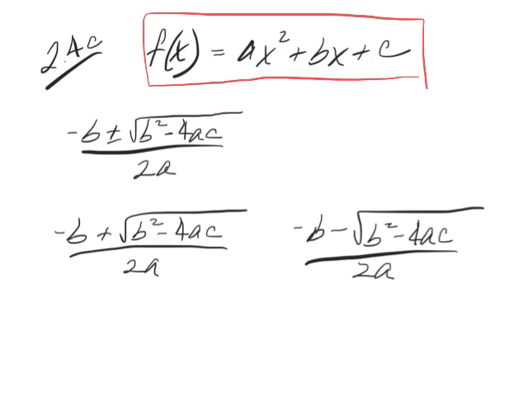Okay, and remember the vertex is going to be, if we have a graph, this point right here, the lowest point, or if it's flipped over, it'd be the maximum point. We're trying to find that point right there, and that would be great to be able to find that.